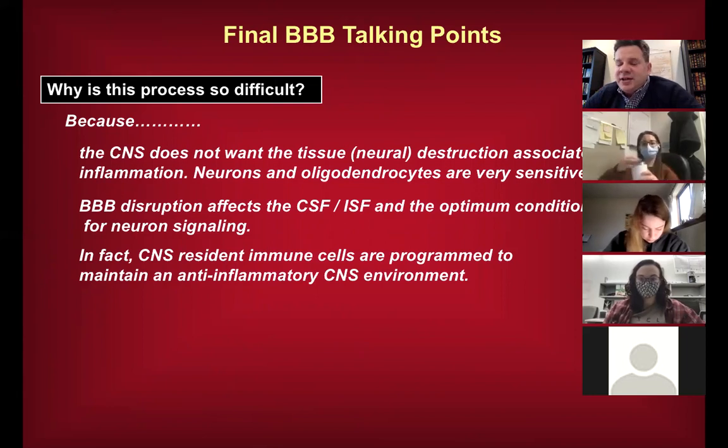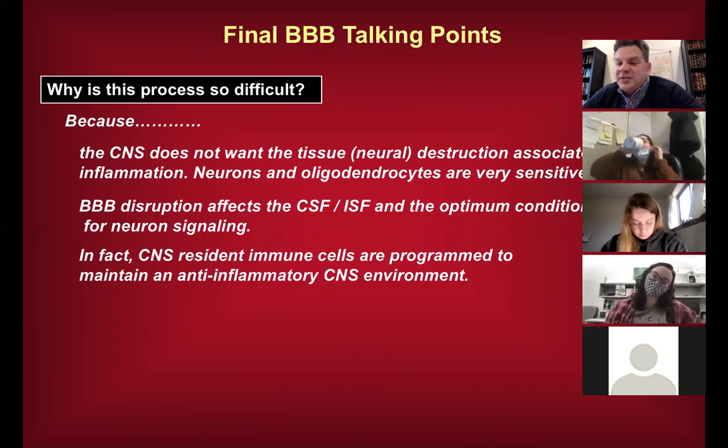It turns out, and importantly, that the two extracellular fluids in the brain, the cerebrospinal fluid, CSF, and the interstitial fluid, are really the optimum buffers for neurotransmission. If you start putting cells in there and iron and a lot of protein, it disrupts that. And so you're going to see impaired neuronal signaling.